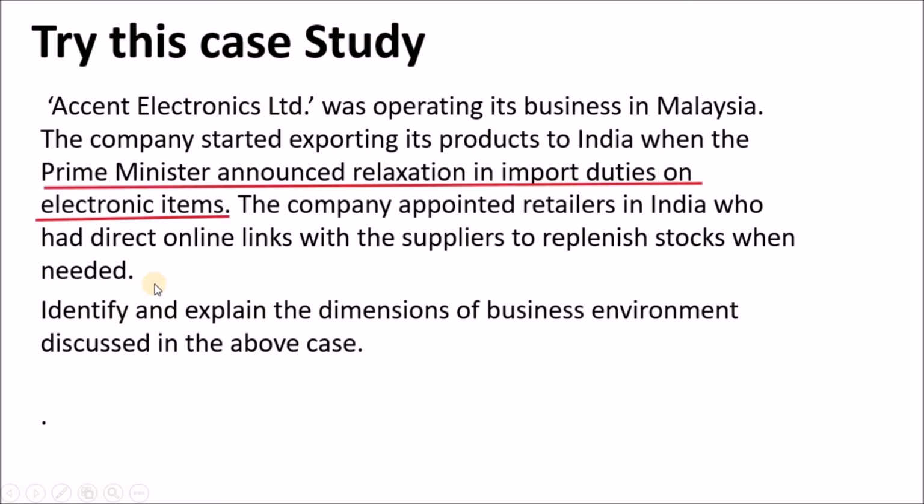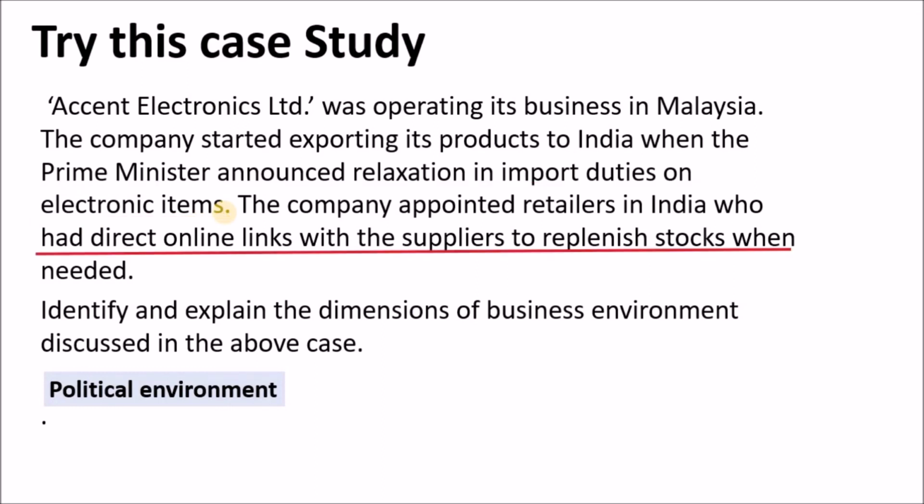So if you can see this line, Prime Minister announced relaxation in import duties on electronic items. This shows that the government is showing a positive attitude towards electronic items. So this will come under the category of political environment. Now if you can see this line, the retailers in India who had direct online link with the suppliers to replenish stock whenever needed.